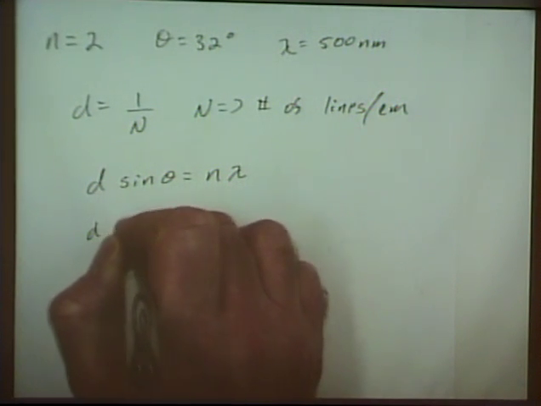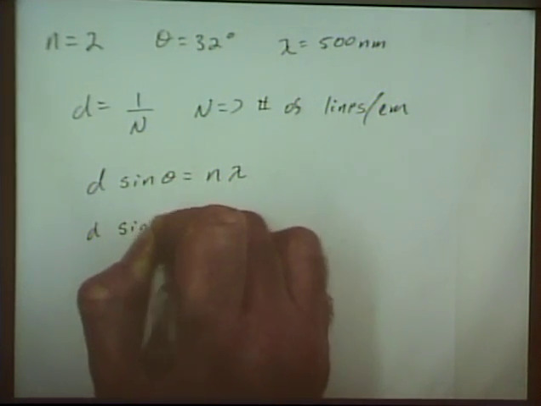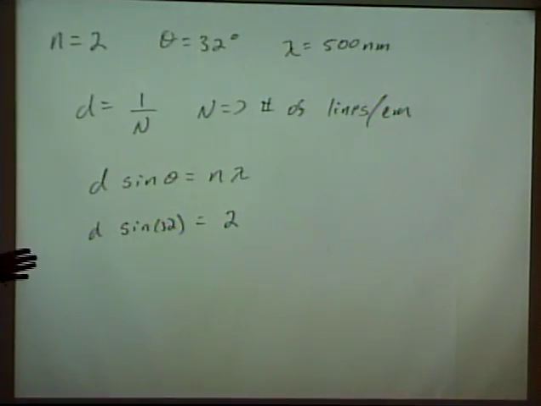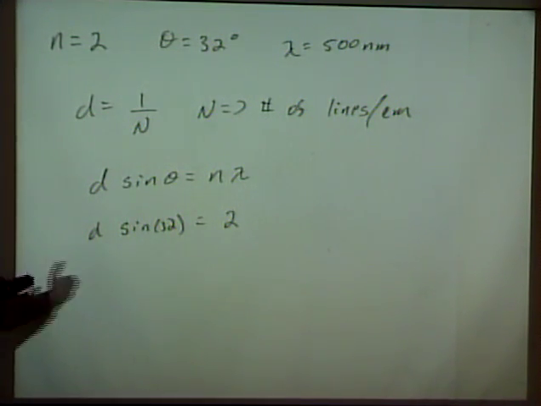So d times the sine of 32 equals n, which is 2, because we're looking at the second spectral order. In other words, think of the prism, and we're looking at the different spectral things that are showing up there. After we get to 1, then there's the second one.